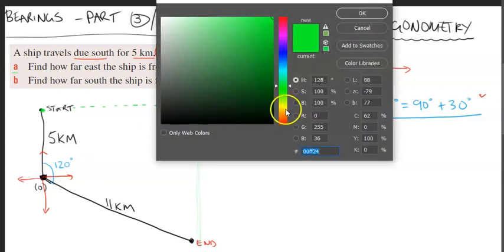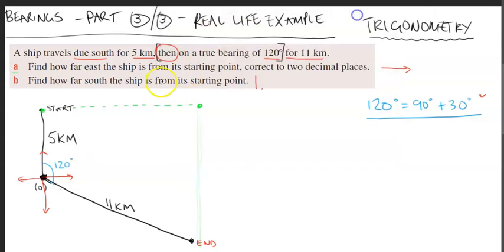So for B, we are looking for this point here all the way down until it gets to its endpoint here. So we're looking for that length.